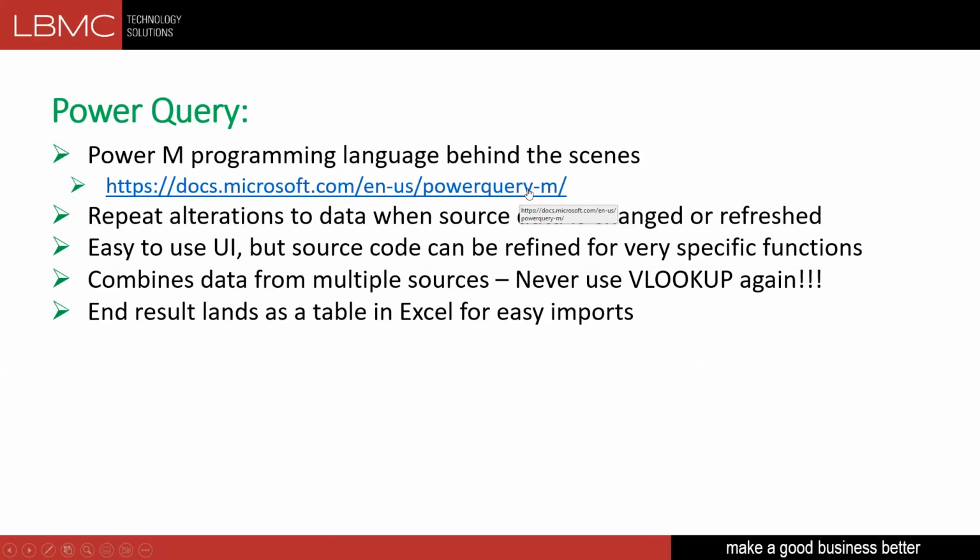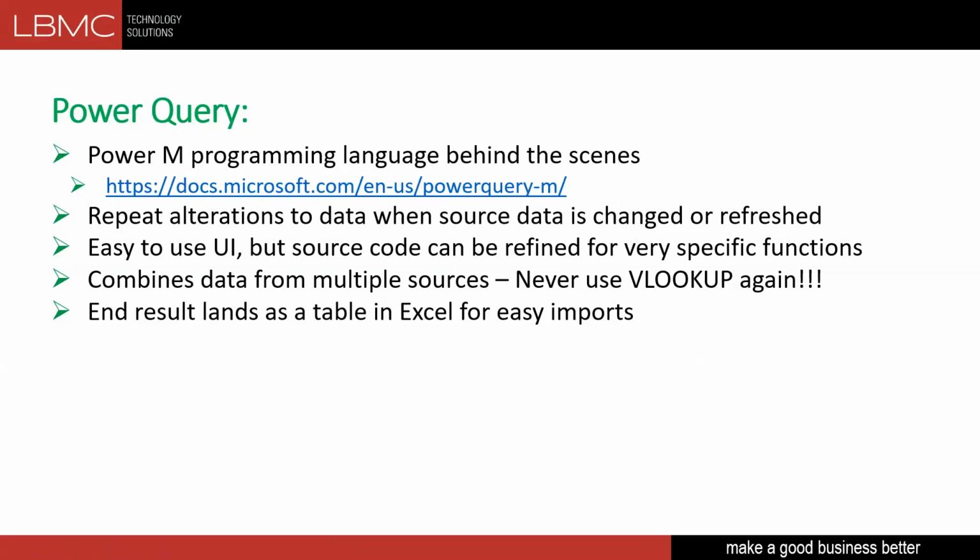Also, when you're writing programming language, it is nothing more than a formula. We know it. It's intuitive. It's built into our brains. It's in our DNA. It's nothing more than writing a formula. You can repeat the alterations to data when source data is changed or refreshed.